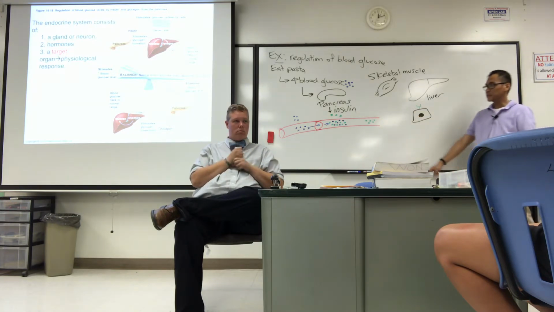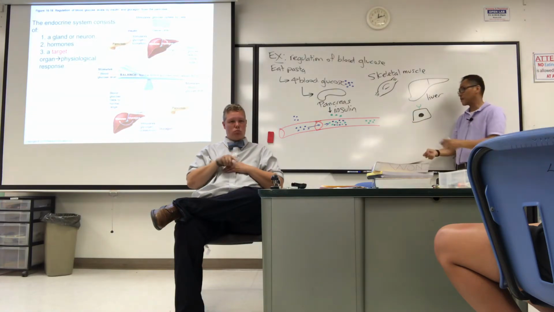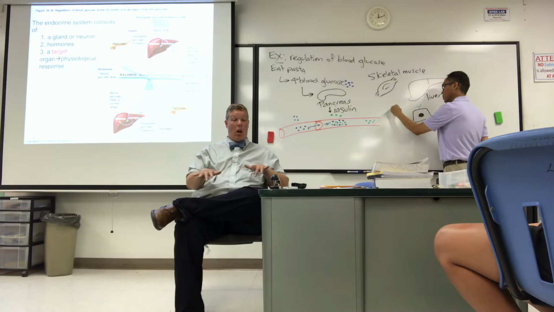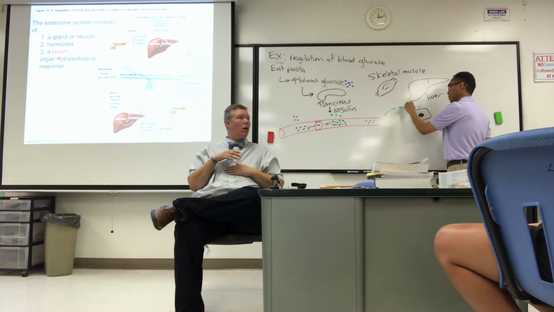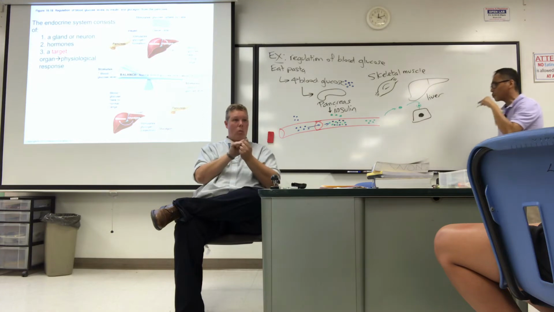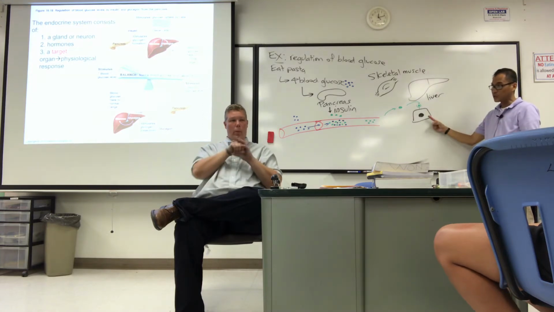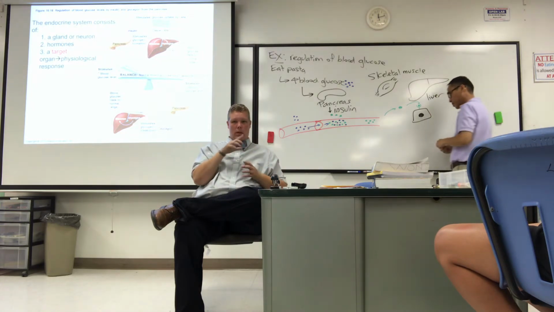And so when insulin is secreted in appreciable amounts, it'll diffuse out of the blood vessel and it'll bind to its specific receptor. And that will trigger a response for this cell to take glucose up. Okay, so maybe glucose is coming secondarily.